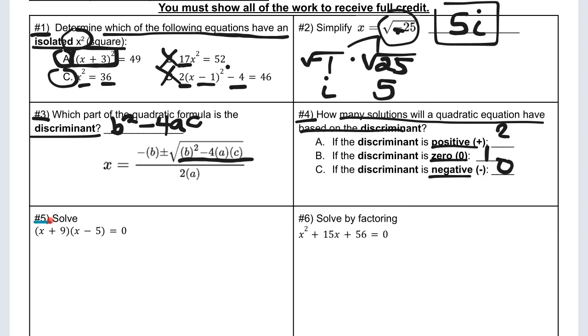Number 5, we're asked to solve by using the zero property. Let each factor equal to 0: x plus 9 equals 0, x minus 5 equals 0.